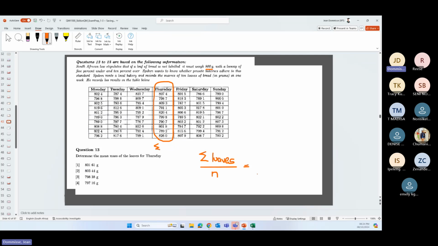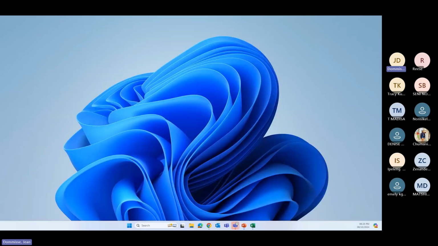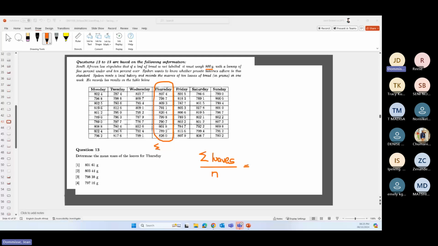So basically, I'll show you both again. It's 807.4 plus 798.7. So let's show that on Excel. I just quickly want to open up a spreadsheet.